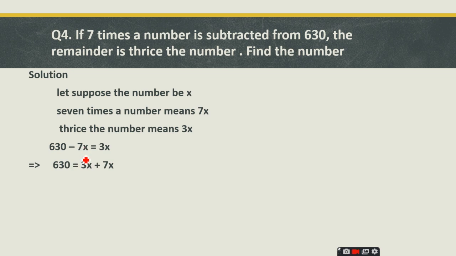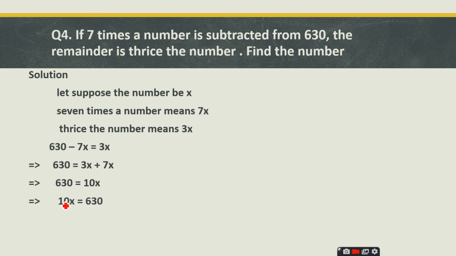Now in the second step, I have written the like terms together. Here we have to transpose 7x to the right hand side. Here 7x is a negative number, and when we transpose it to the right hand side, it will change into positive. So 3x plus 7x. Now 630 is equal to 3x plus 7x, which is 10x.